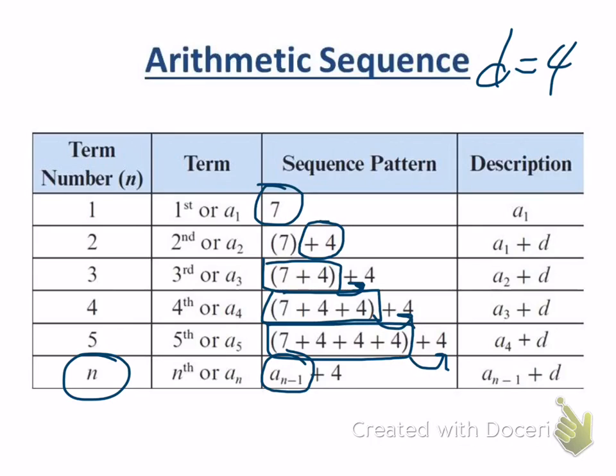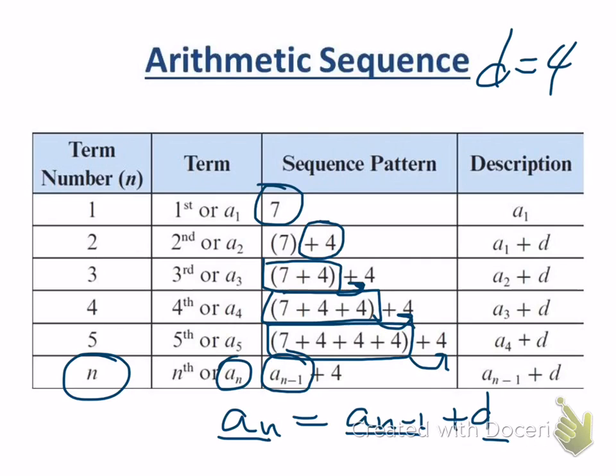And so the recursive formula that we get from this is that a sub n is equal to a sub n minus 1 plus the common difference. Now, let's break that down and put it into everyday language. Right? Any term is the term that came before it plus the common difference.